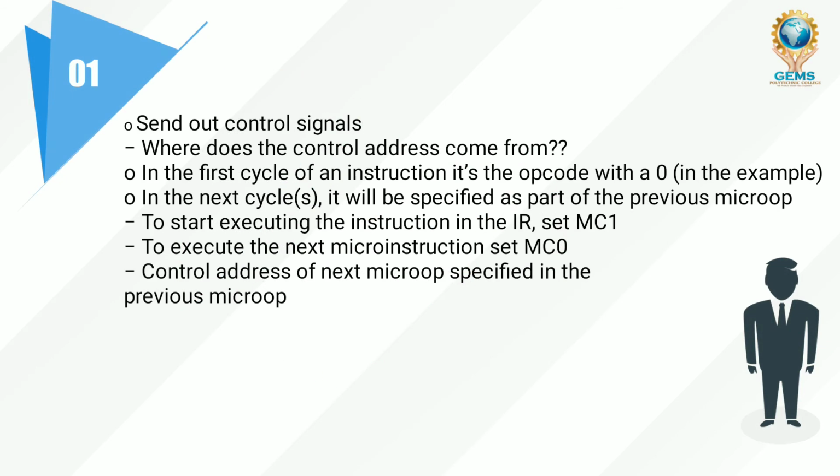Now I will show you who controls all these things: the control unit. As I said, the control unit helps the processor to do the work, when to do it and how to do it. Especially, the control unit sends the signals to operate all these things.